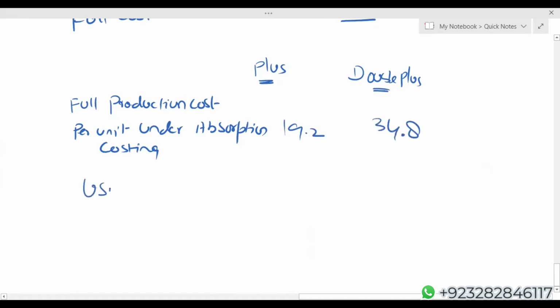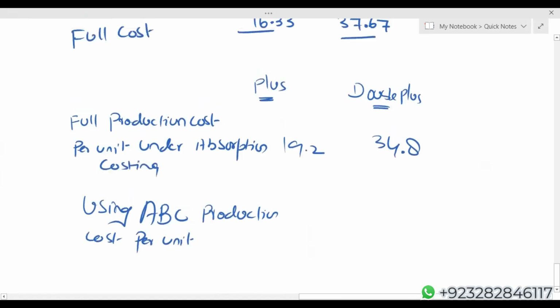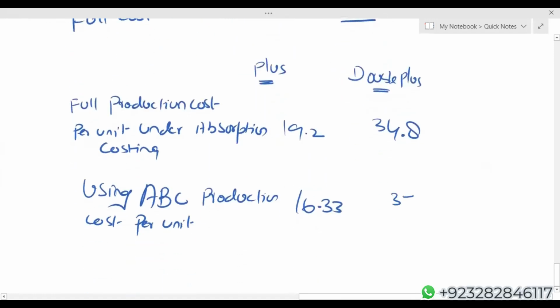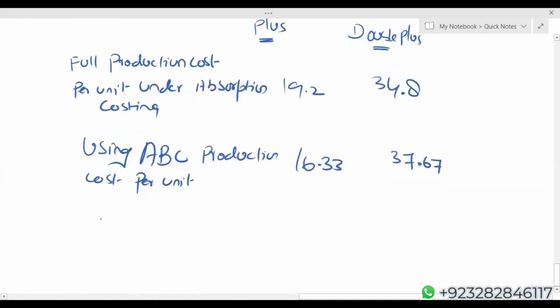Using ABC, the production cost per unit is 16.33 and 37.67. Okay. I'm just assuming the selling price is 25 for plus and 40 for double plus.